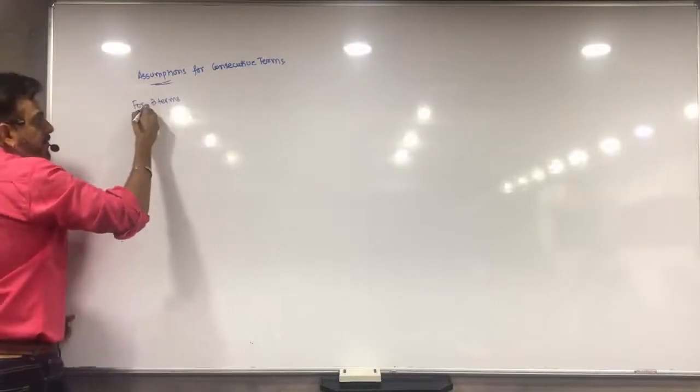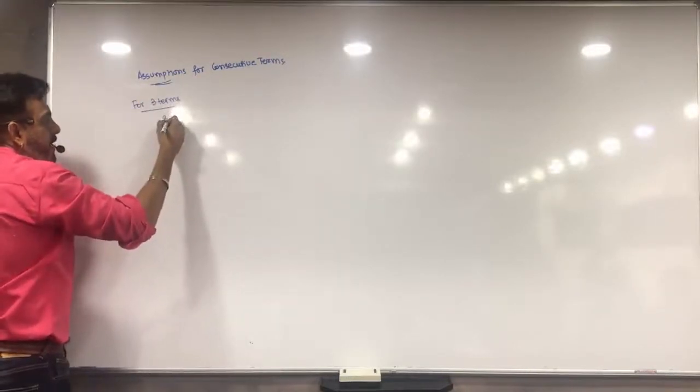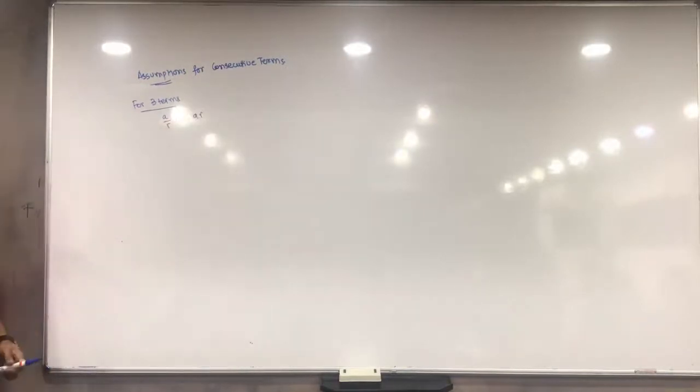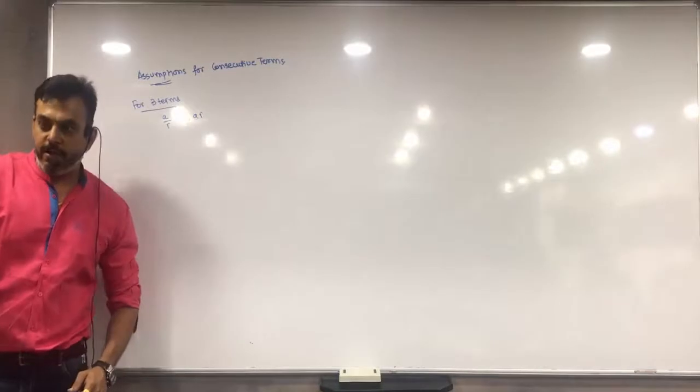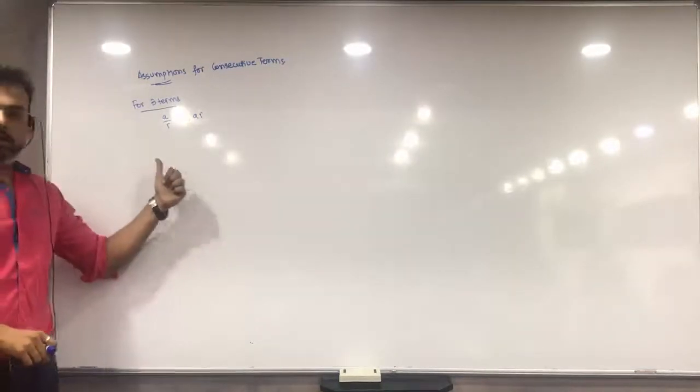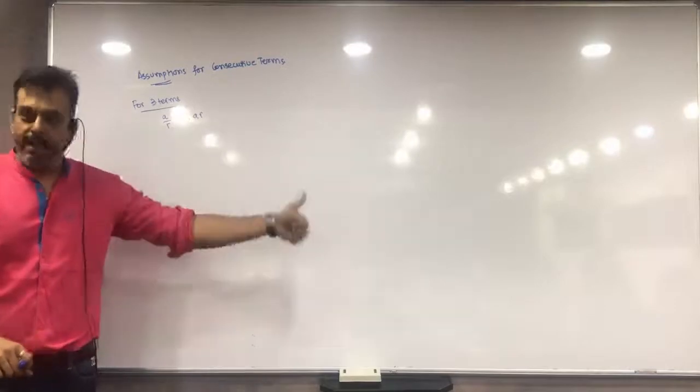So for 3 terms the assumption will be A upon R, A and A into R. If you did arithmetic progression last year, there it was A minus D, A and A plus D. Similar.